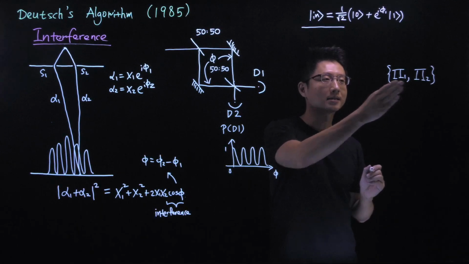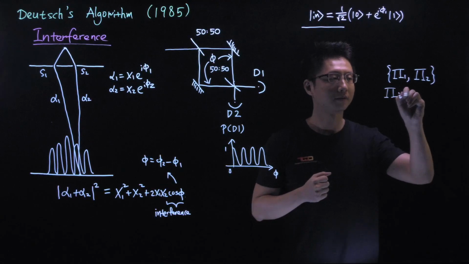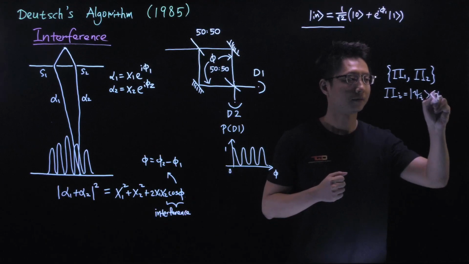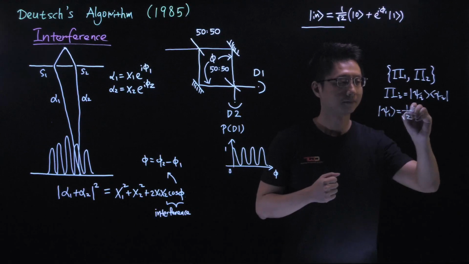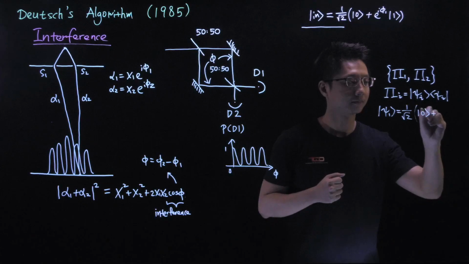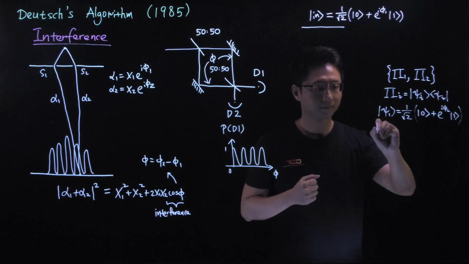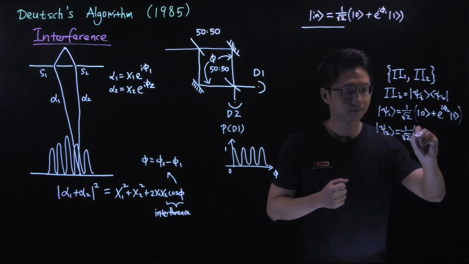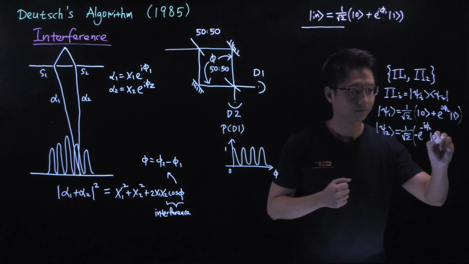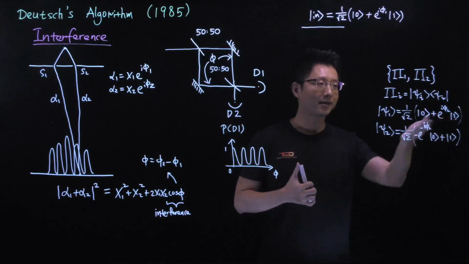Mathematically, the measurement is described by these two projectors, pi 1 and pi 2, where psi 1 and psi 2 are given by these two expressions.